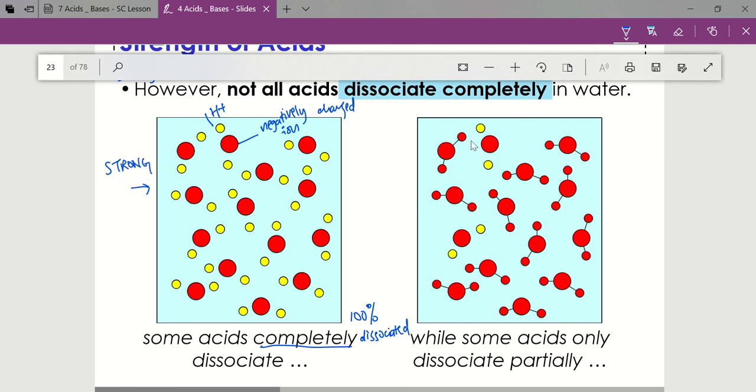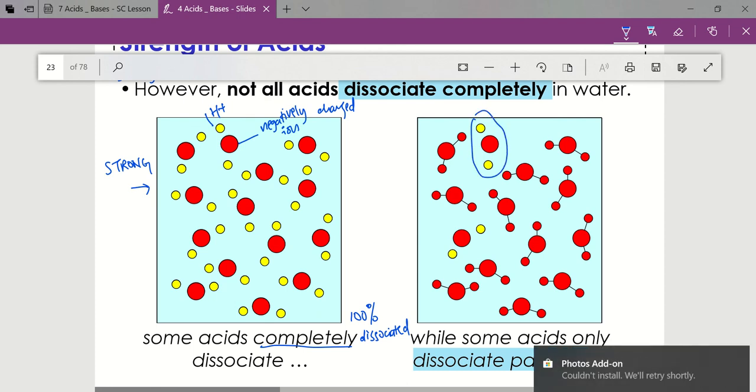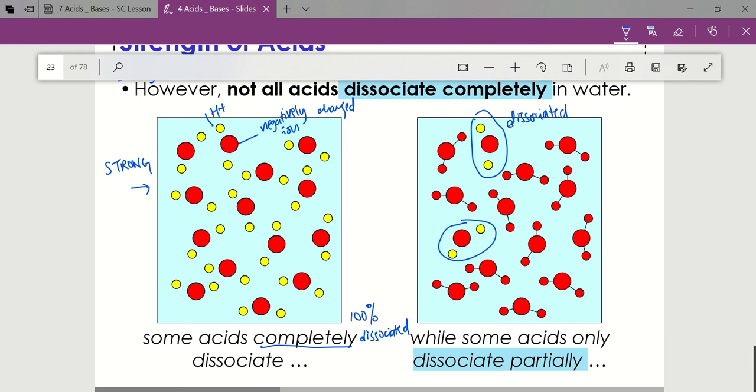But on the right hand side over here, you see that sometimes the acid molecules only dissociate partially, meaning to say a portion of it has been dissociated to form ions, whereas the rest of them are still molecules.